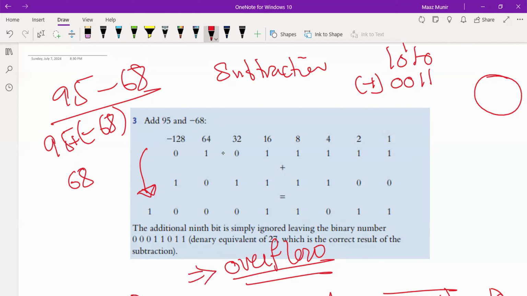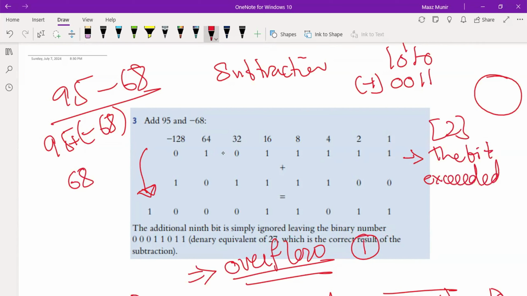Sometimes this overflow question is worth 2 marks: the first mark is for overflow, and the second mark is for saying the bit exceeded into the ninth bit, or was larger than the register's capacity.